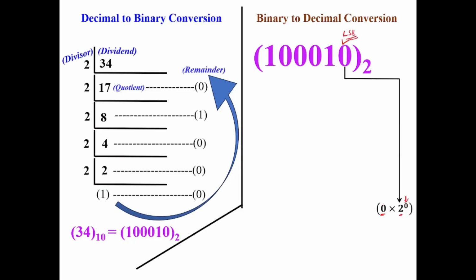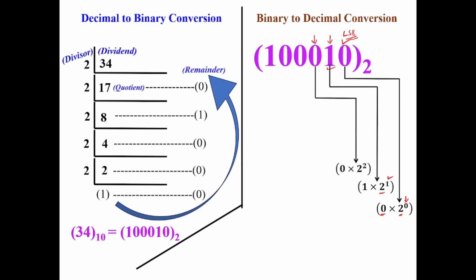Now we consider the second least significant bit, that means this one. Here we write 1 into 2 to the power 1. Then we consider the third one, 0 into 2 to the power 2, the fourth one, 0 into 2 to the power 3, the fifth one, 0 into 2 to the power 4, the sixth one, 1 into 2 to the power 5.